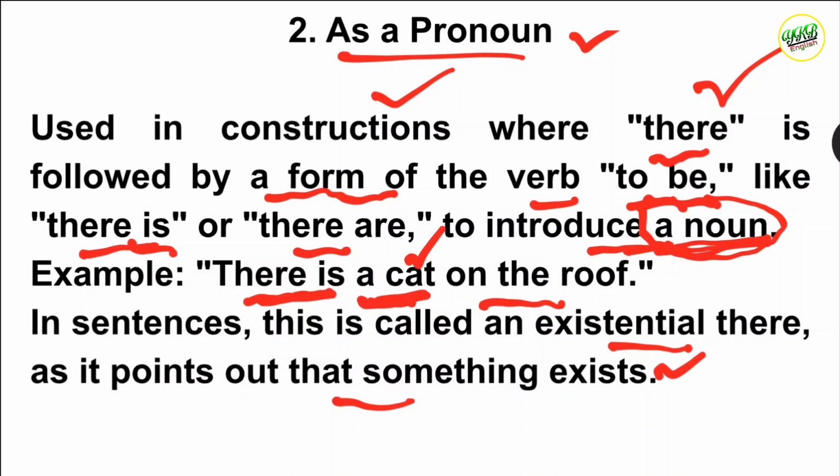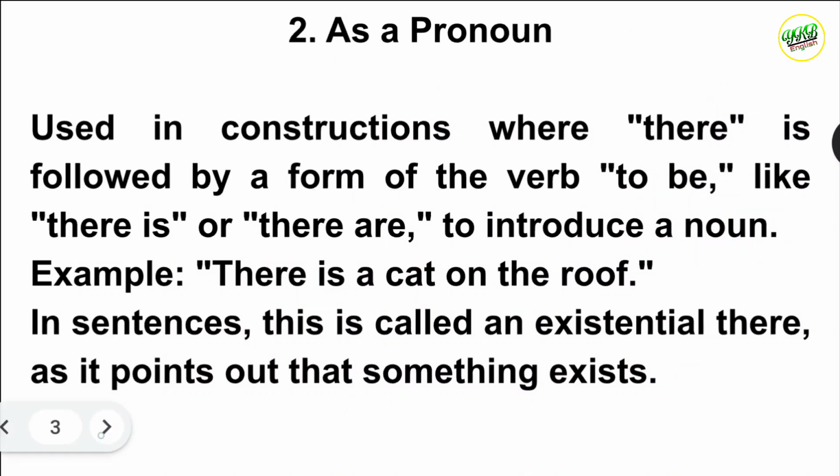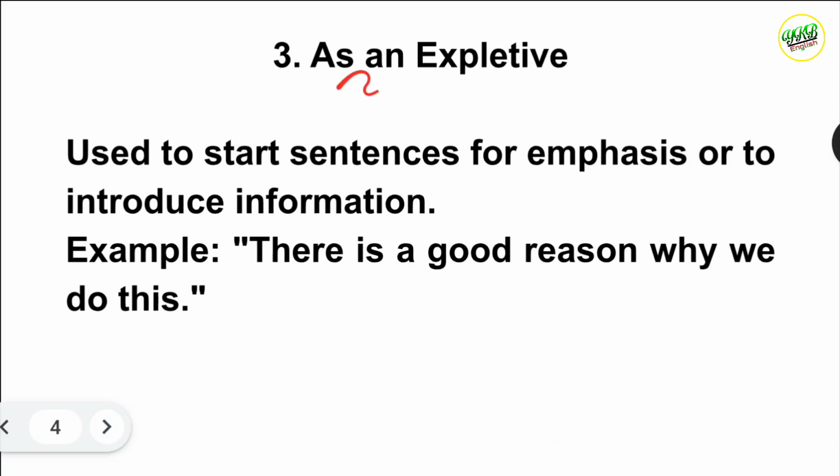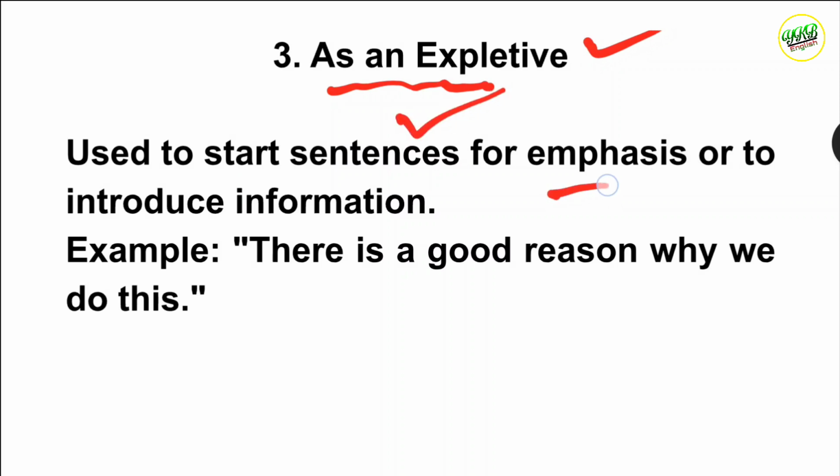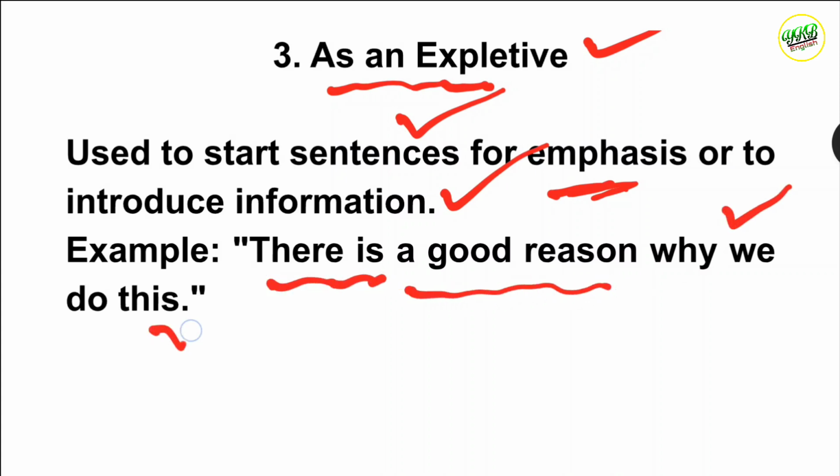So let's see our next rule. Our next rule is about "there" as an expletive. It is used to start a sentence for emphasis or to introduce information. For example, there is a good reason why we do this.